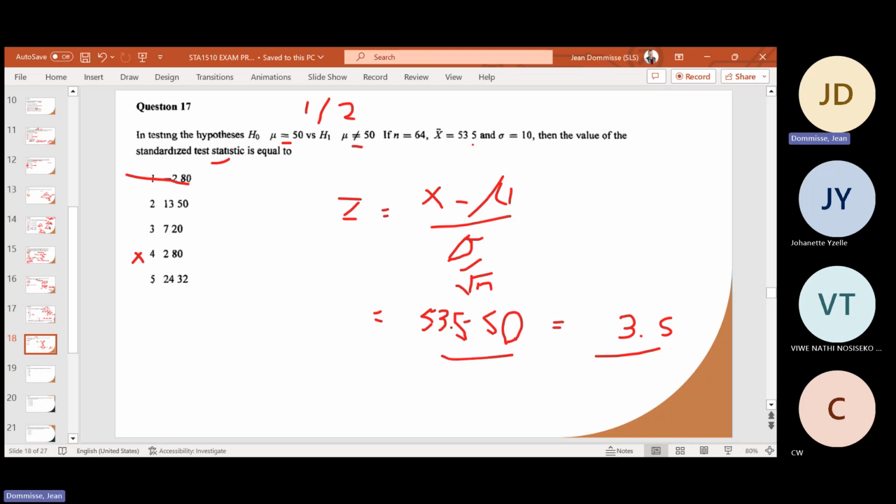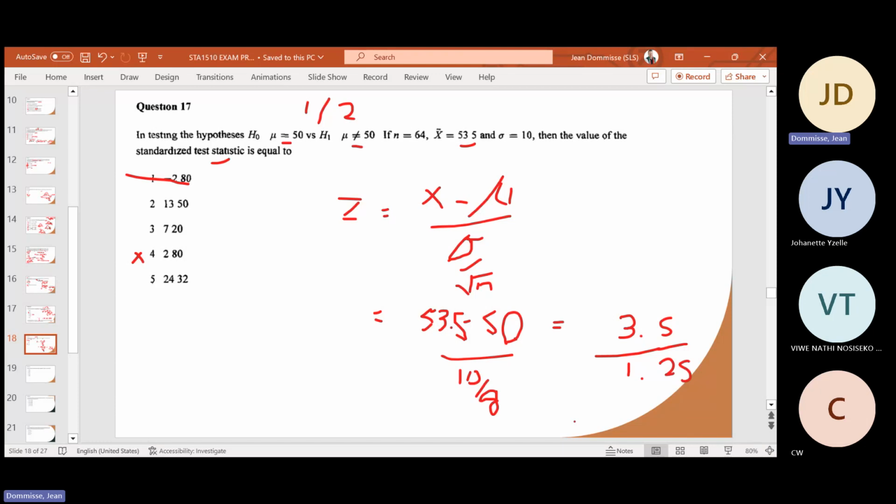So 53.5 minus 50 would give you at the top 3.5. At the bottom, the standard deviation is 10. The square root of 64 is 8. So we divide basically by 1.25.